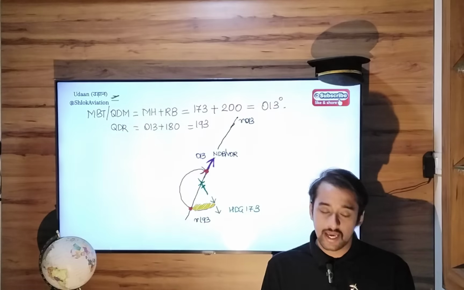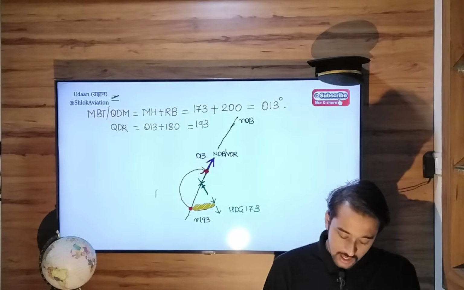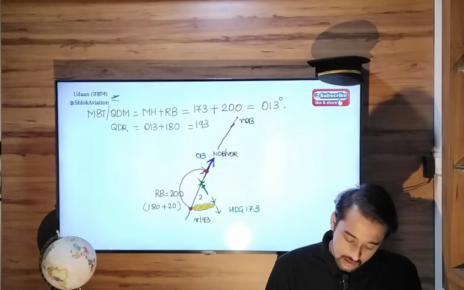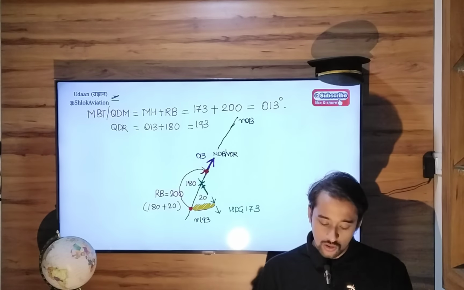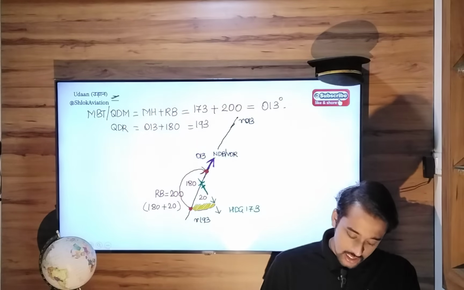Another 20 degree, because total relative bearing is 200 degree, which is 180 plus this 20. Okay, so this is how you represent it diagrammatically. Now let's go to next question.